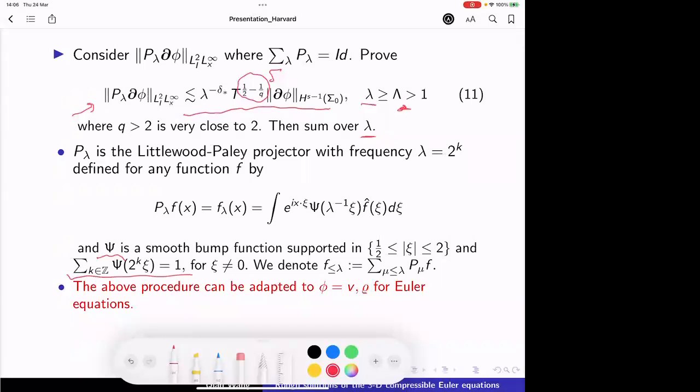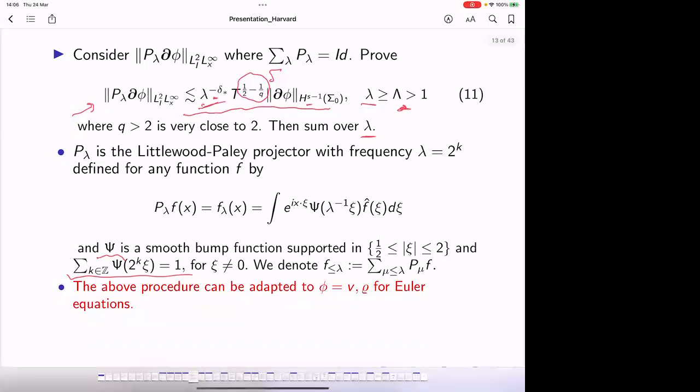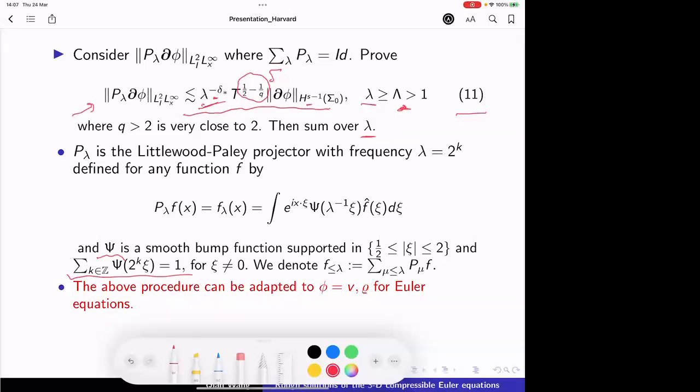If you are curious, this lambda to a certain power actually comes from my s being greater than 2. So you can squeeze a tiny bit of this delta from your s minus 2. This is really coming from that. Anyway, this is what I want to have. But of course, I'm not going to give you the detail of how to derive 11.